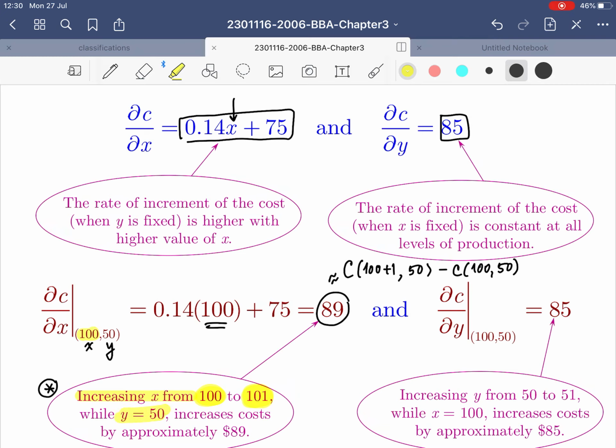So the cost will increase by approximately $85.